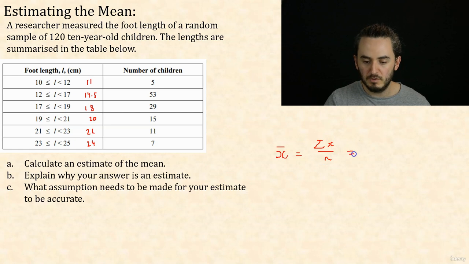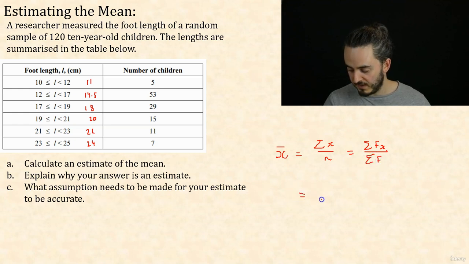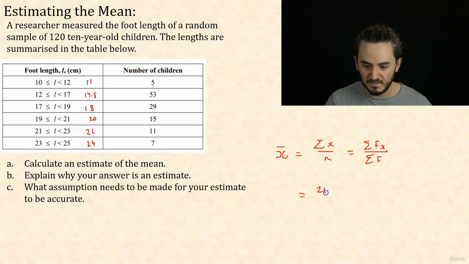And if you want, you can write that as the sum of the frequencies times the x's divided by the sum of the frequencies, but you don't need to. And then what you take from the calculator screen is the sum of the x's was 2055.5 divided by the 120, because there are 120 children, and then we get our mean of 17.13.